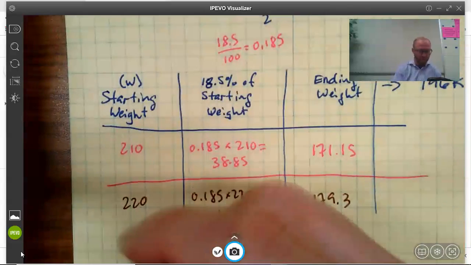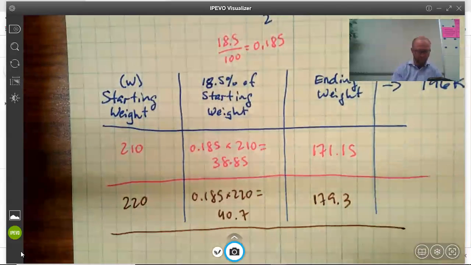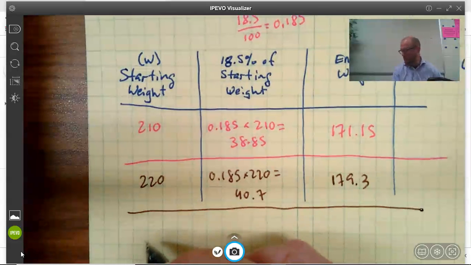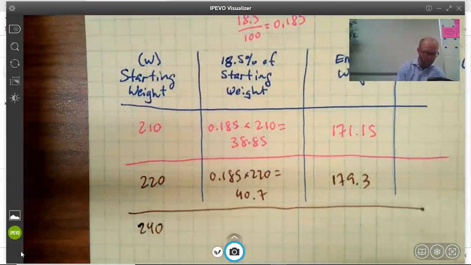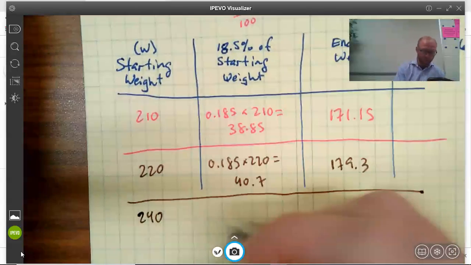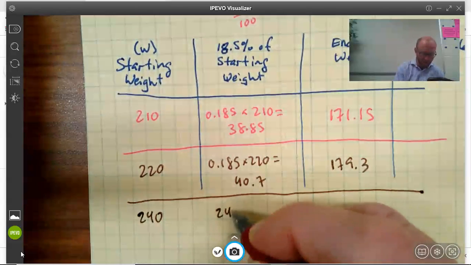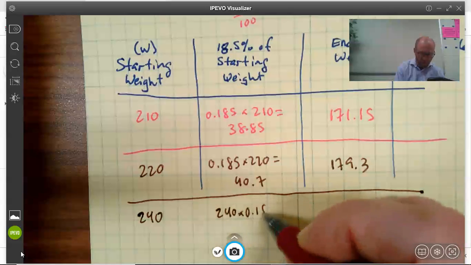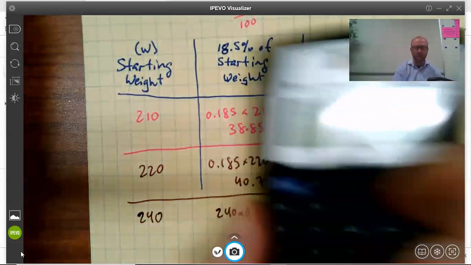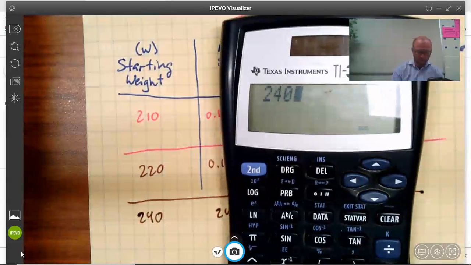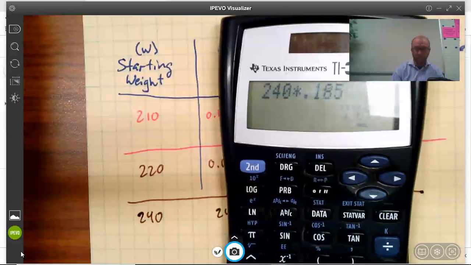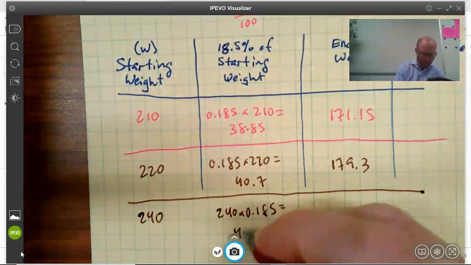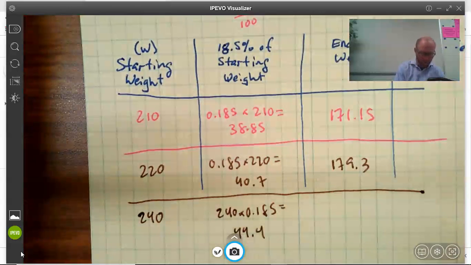Let's make a big jump, mostly for the sake of saving time, all the way up to 240. We want to find out how much we're going to lose: 240 times 0.185 gives us 44.4.